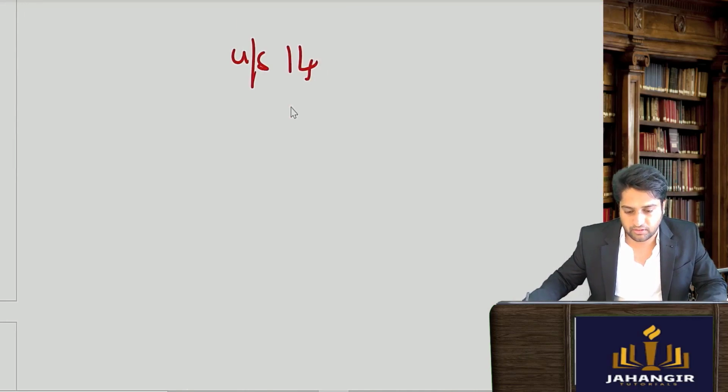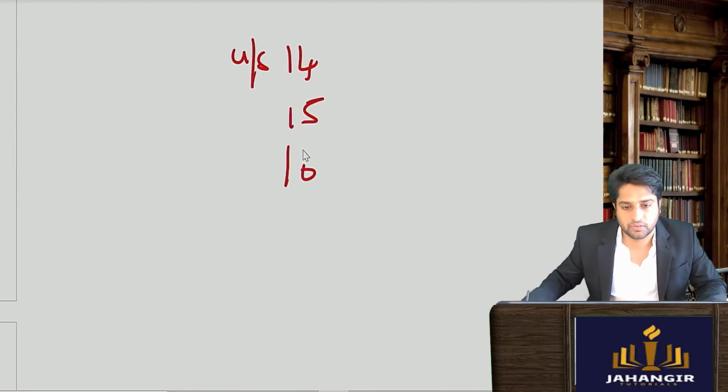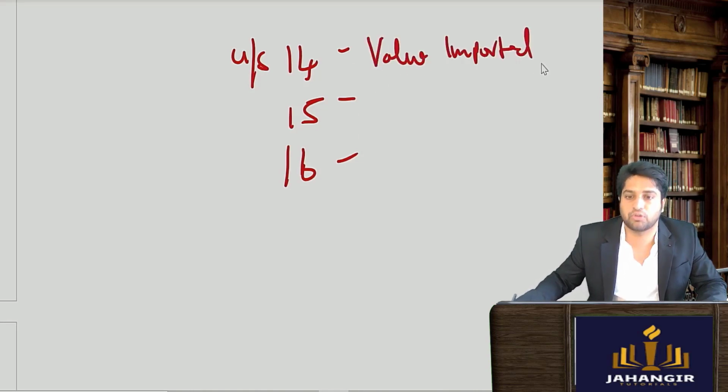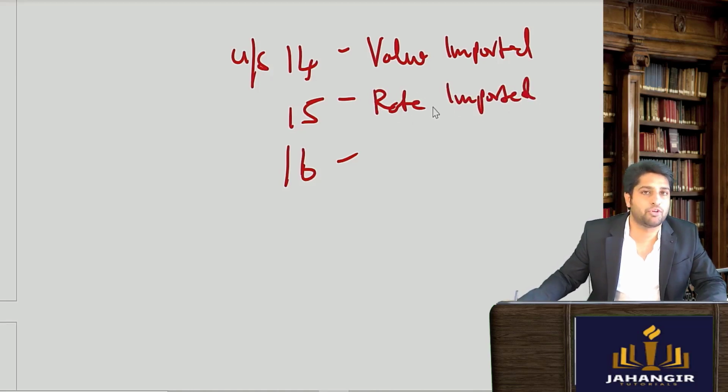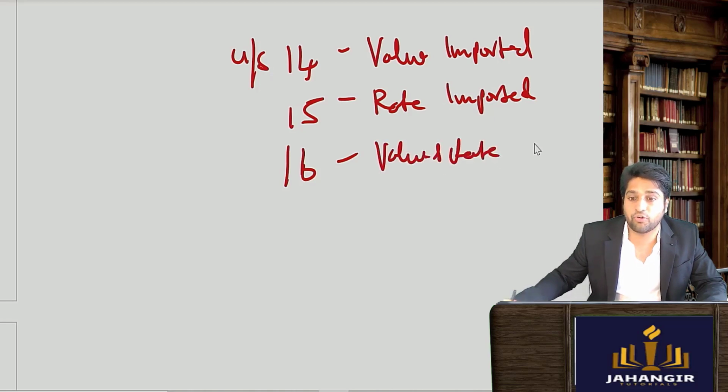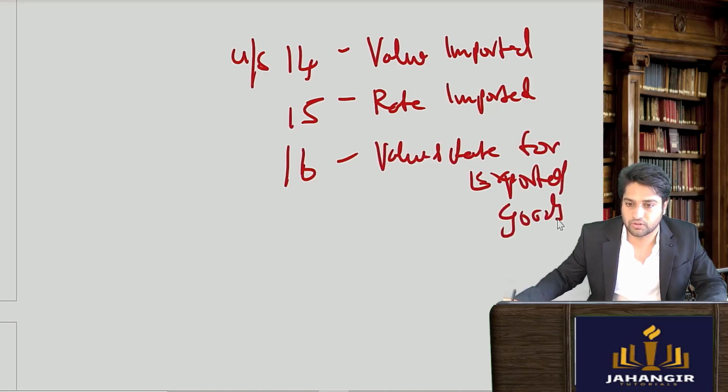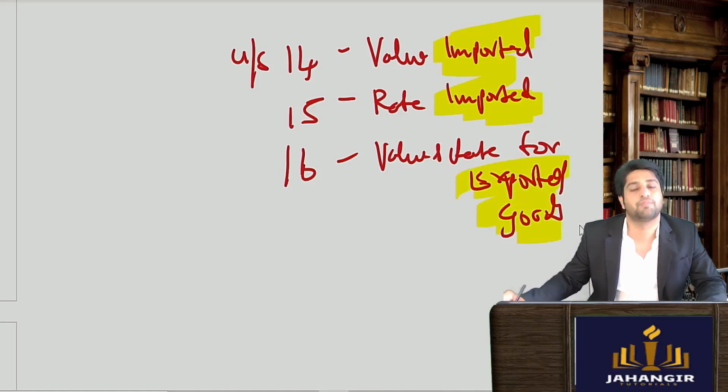So I'll just write down the section 14, 15 and 16. 14 spoke about the value for imported goods, how to compute the value. 15 spoke about the rate for imported goods, rate of duty, and 16 talks about the value and rate for exported goods, okay. So section 14 and 15 talks about imported goods, whereas this talks about एक्सपोर्टेड गुड्स.